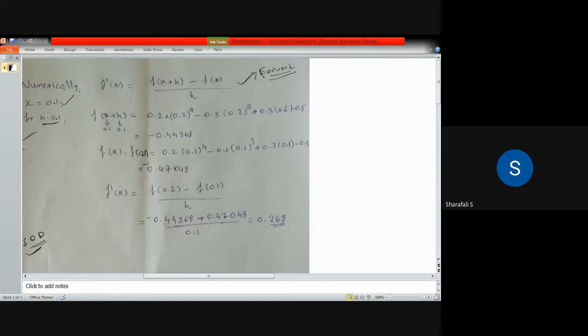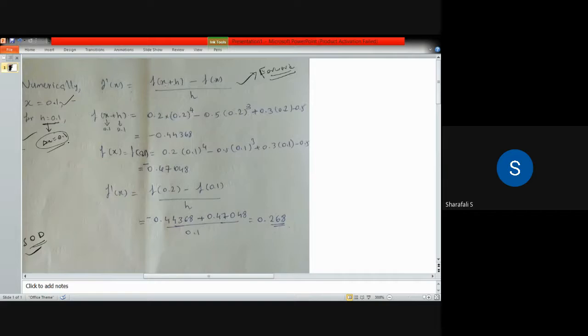So h equal to 0.1 means delta x equal to 0.1. We are considering 2 points on that curve which are separated by 0.1. That's why h is equal to 0.1.